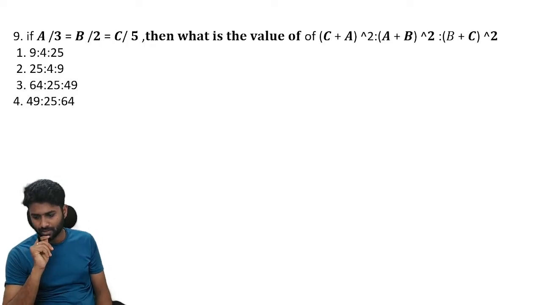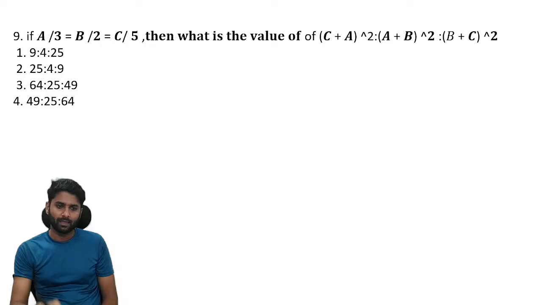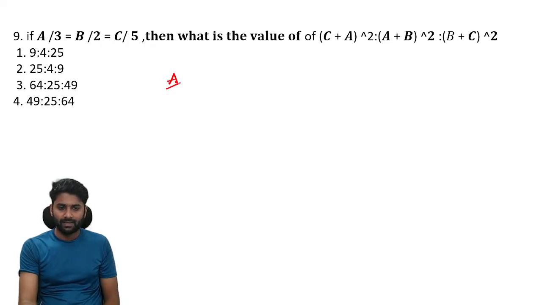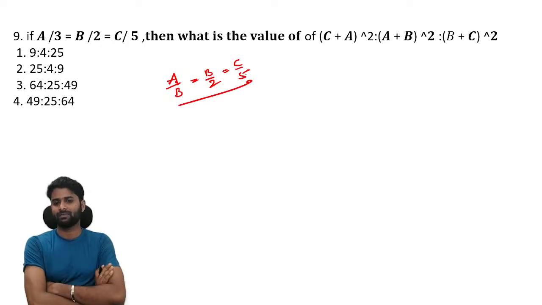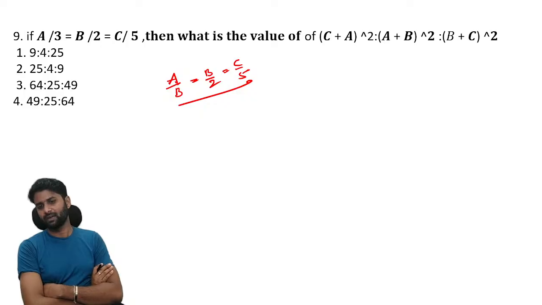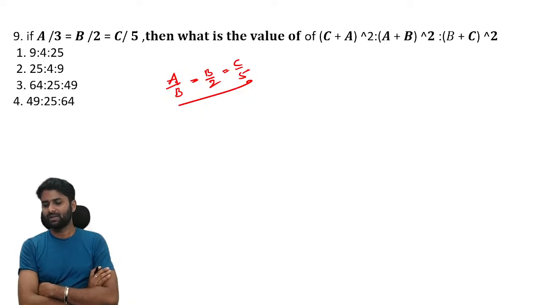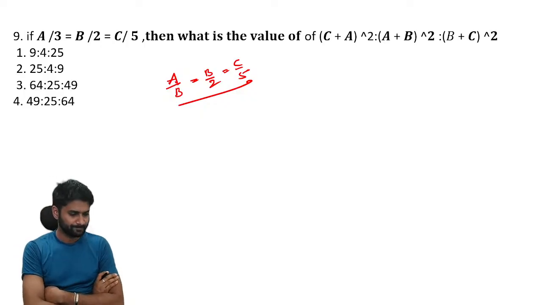Good. So try to solve this question also. A by 3, B by 2, then C by 5. What is the value of (C plus A) whole square, (A plus B) whole square, (B plus C) whole square? Find the answer.